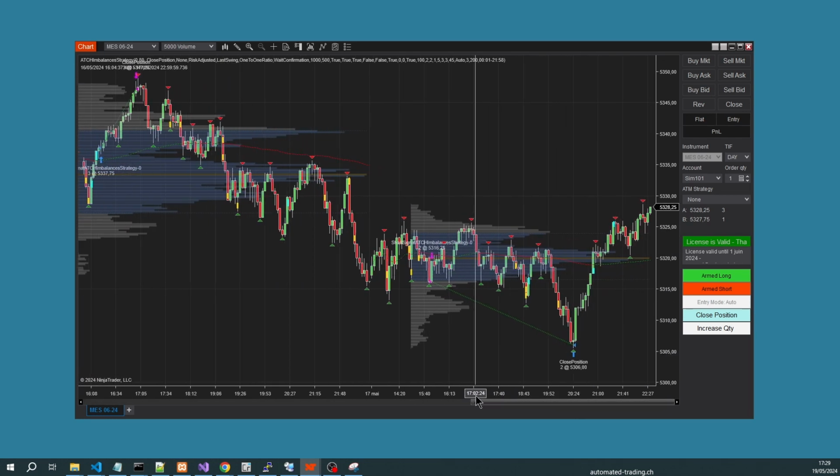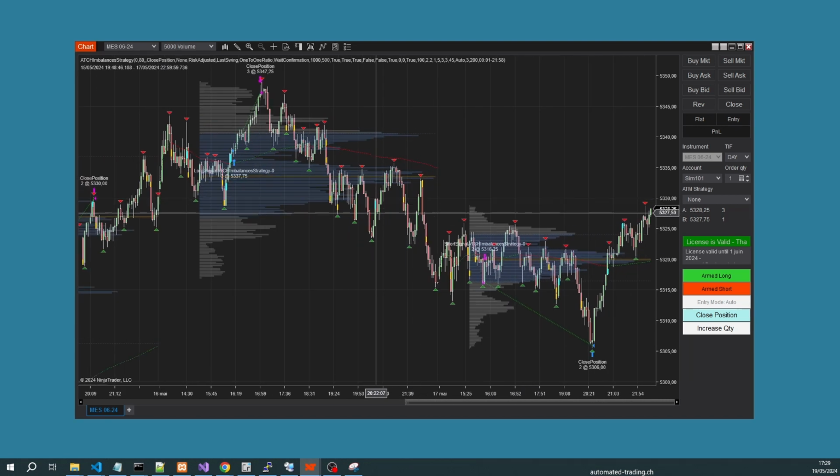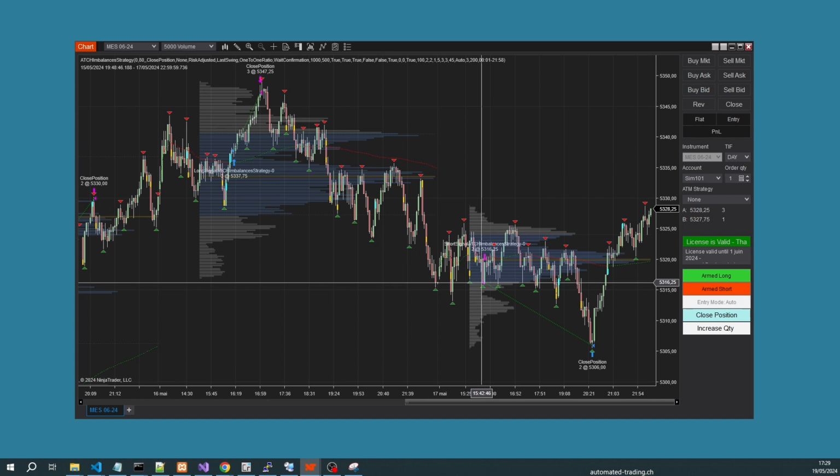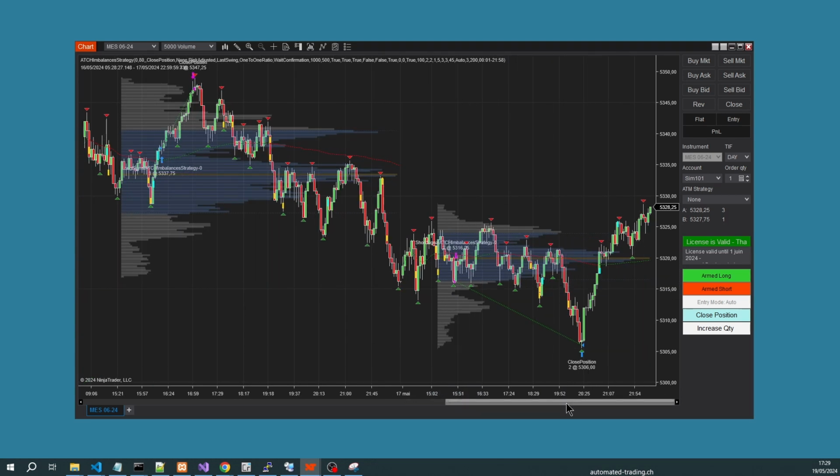And then on the 17th we went below the value area of the prior day, so we only looked for short entries, and we entered on this stacked imbalance, this one, and then we had confirmation on this candle, and it was a profitable trade.